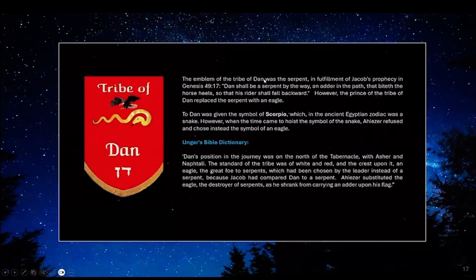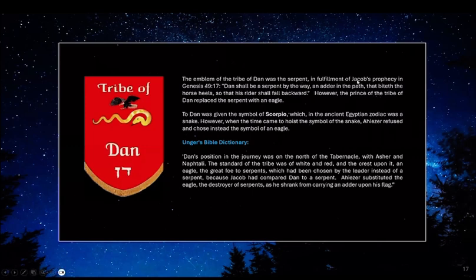Okay, the emblem of the tribe of Dan. Now, Dan is a tribe that most people associate with the sign of Scorpio. The emblem of the tribe of Dan was the serpent. Now, in the sign of Scorpio, you do have a serpent. Ophiuchus is lifting up a serpent, so that fits.